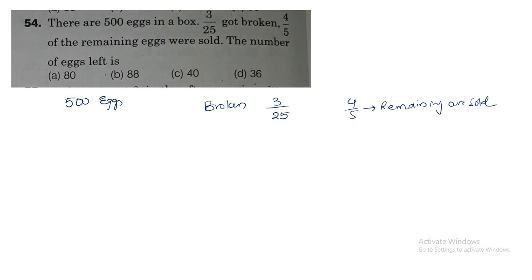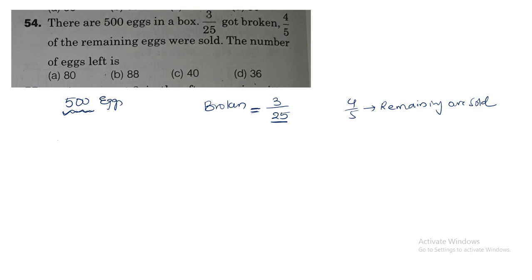Now let us see what are the total number of eggs. The total number of eggs is 500. Now change this 25 into 500, change the denominator as 500. Okay, otherwise what we can do? 3 by 25 are broken, no?